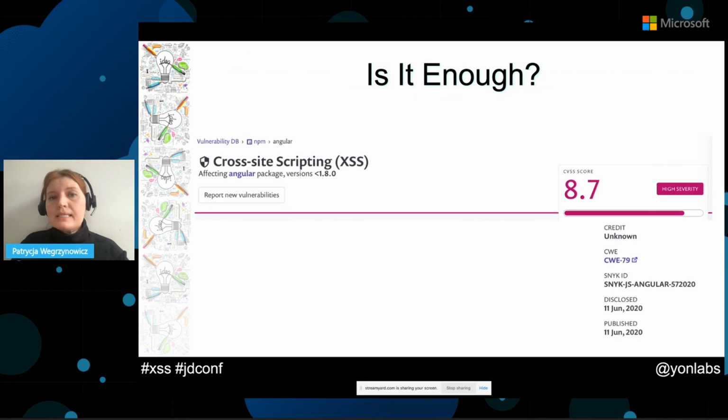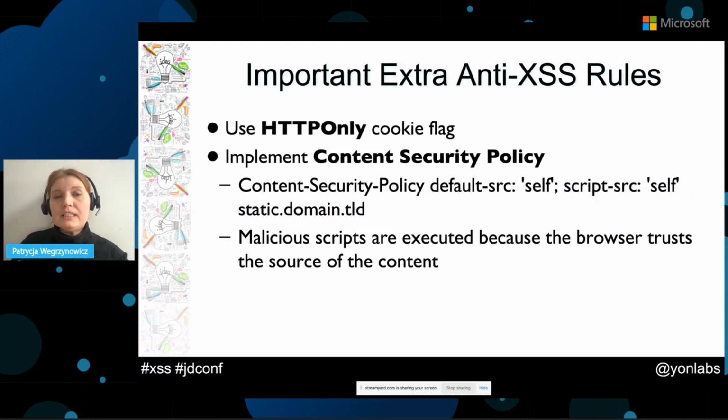Those XSS defenses are pretty difficult to configure. So from time to time, it still happens that modern frameworks have security vulnerabilities. So we need to be careful and include some extra anti-XSS rules, like implementing content security policy.